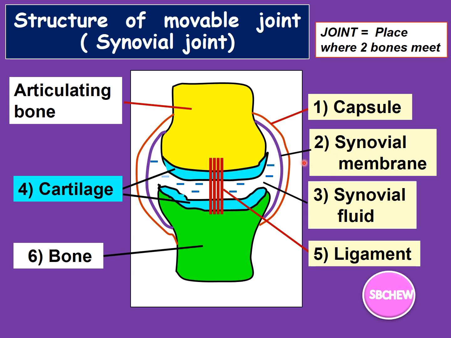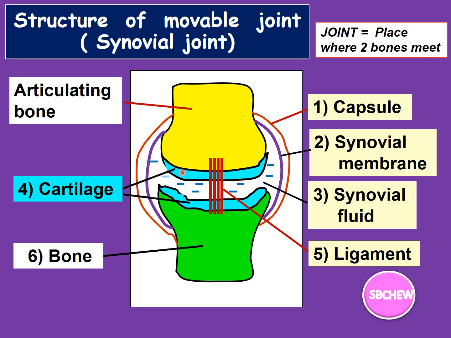This membrane secretes a fluid called the synovial fluid, which helps to reduce friction between the bones during the movement of the bones. Synovial fluid also nourishes the cartilage at the bone ends. So this blue part here is the cartilage, and it gets the nutrients from the synovial fluid.